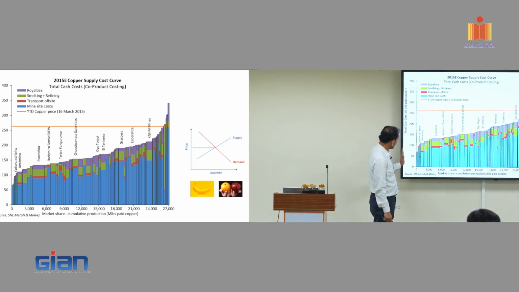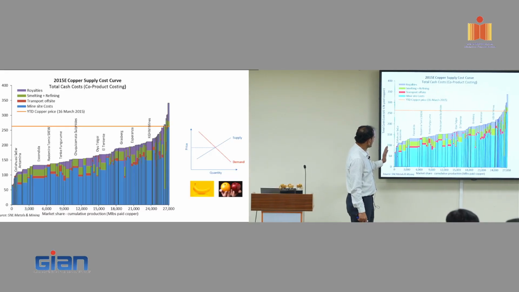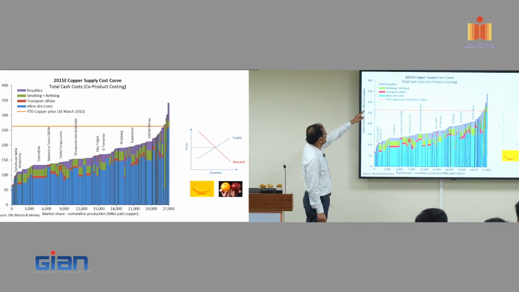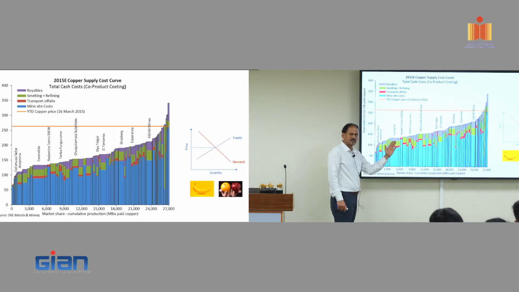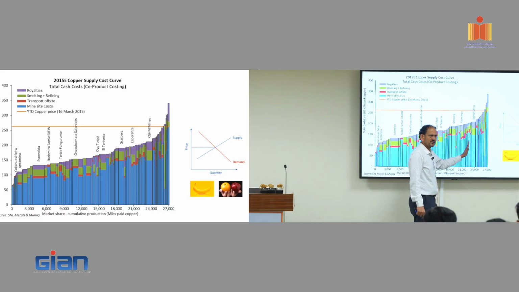So what you have on the left-hand side is a cost curve for, I think this is also copper, right? Yeah, copper supply cost curve, 2015. It's slightly dated, but again, you can relate that to current day also. There are many companies that are operating in the copper space.